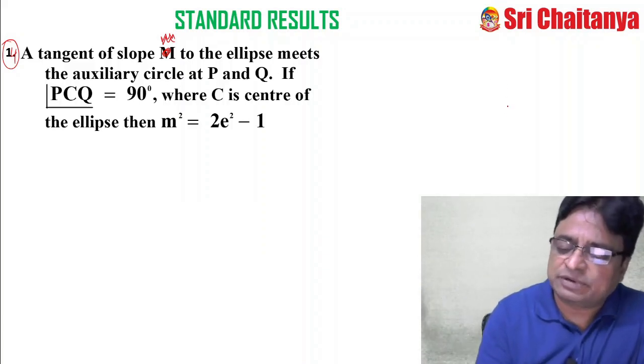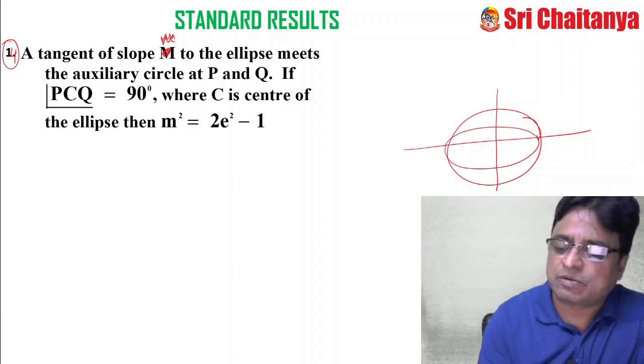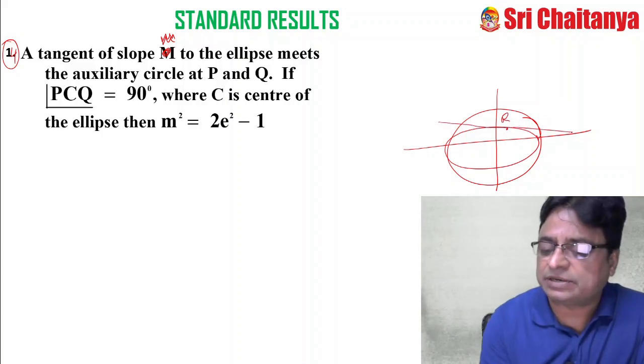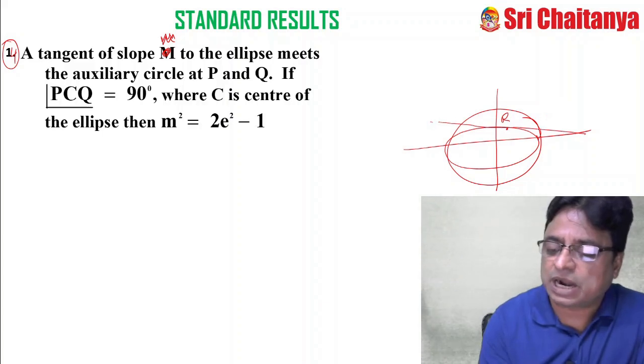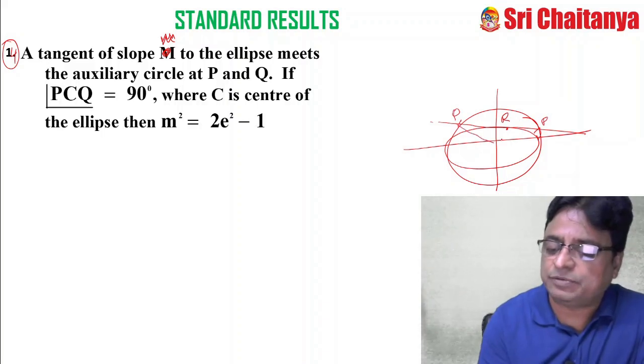So my friends, here this is the auxiliary circle and this is the ellipse. Let the center be C, and this is the tangent to the ellipse, and it meets the auxiliary circle at P and Q, and that PQ makes an angle of 90 degrees at the center of the ellipse.